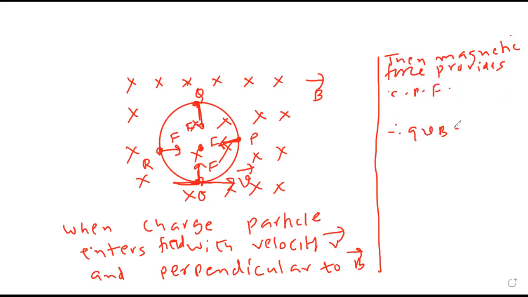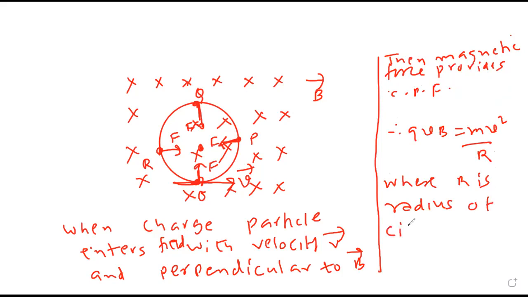Therefore, QVB equals mv square upon r, where r is the radius of the circular path. So one v you can cancel, r will be mv upon qB.